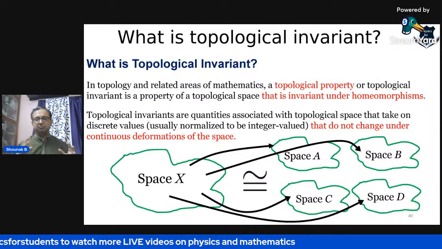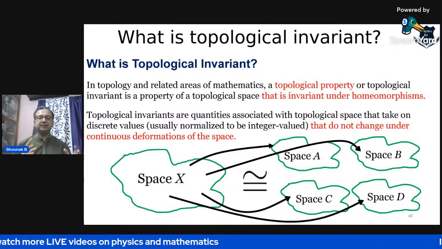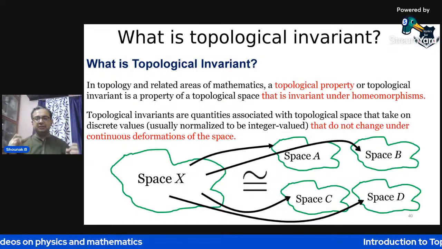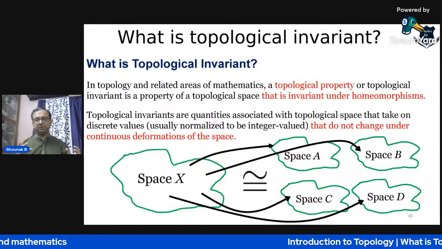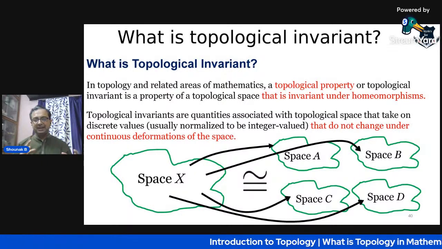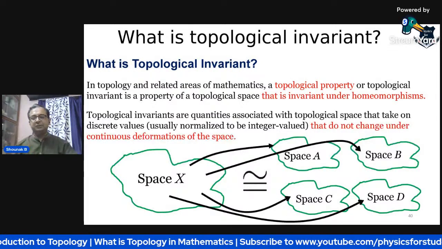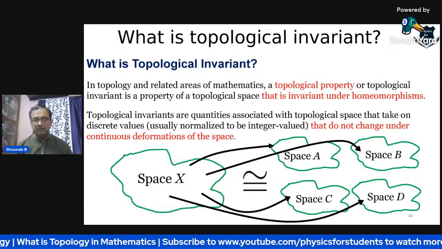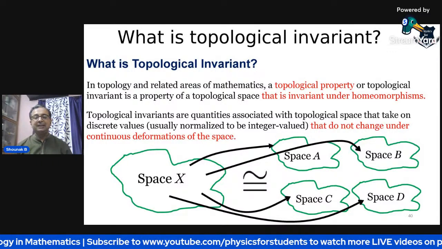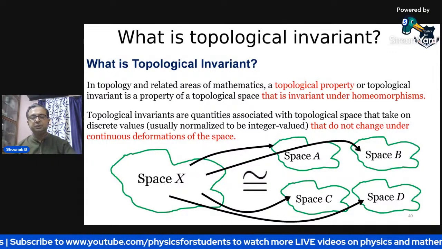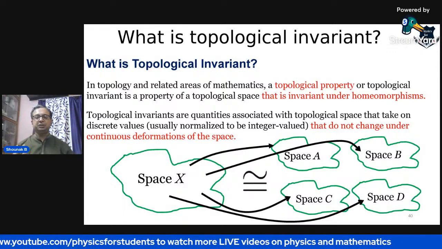Topological invariants are quantities of a topological space that can take on discrete values that do not change under continuous deformation. So that is why this space X can be isomorphic, or we can say topologically invariant, to another space A, space B, space C, space D, because that topological space can take discrete values, usually normalized to be integer values.